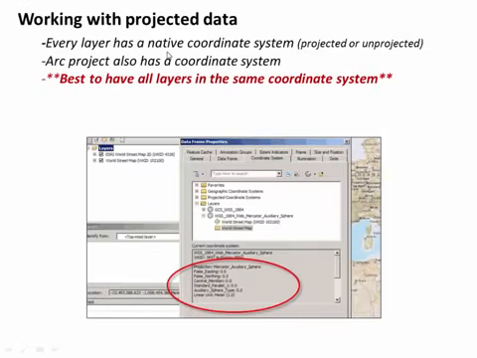Now, of course, just a little advice about ArcMap. Every layer that you load into ArcMap has some native coordinate system. Sometimes this will be projected already, sometimes it will be unprojected. Now, the ArcMap project itself also has a coordinate system, which usually is taken from the first data layer that you load.